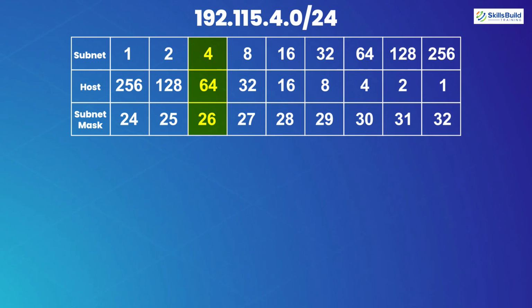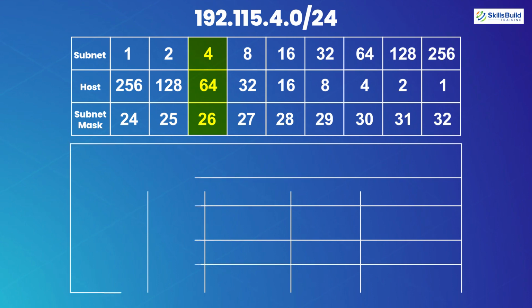Now I will show you the simplest and easiest way to understand how subnetting takes place and how subnetting helps the packet reach a particular destination. So I will take this and ignore the rest of the table. Here 4 are the subnets and in that we will have 64 hosts and 26 will be the subnet mask here. Now let's find out the required information from the given IP address.